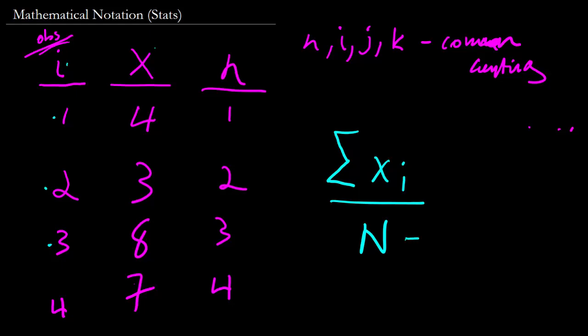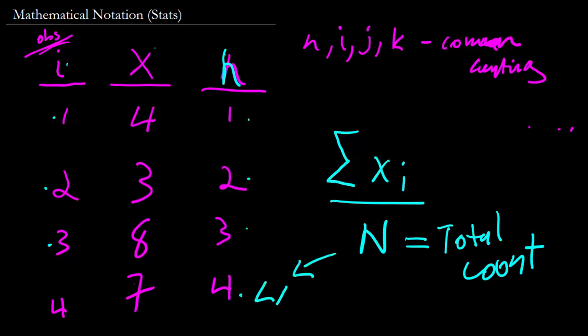When I say capital N, what we mean here is the total count, or just the count. And just like we have a small n here, this is n 1, 2, 3, 4, the capital N is also going to be the last n.